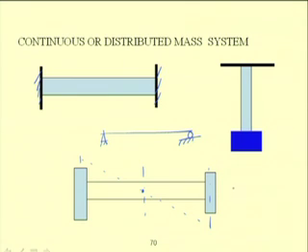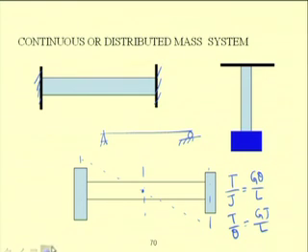If the system parameters are known to us, then by using the torsional relation T by J equal to G theta by L, one can find T by theta, that is the torsional stiffness, equal to G J by L. These two modes can be considered if one neglects the mass of the shaft, but when the mass of the shaft is considered, then it will have an infinite number of natural frequencies.